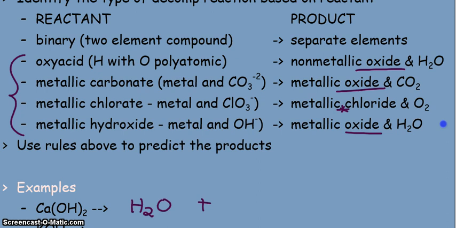Then I have to come up with the combination between calcium and oxygen. Well, since calcium is a 2+ and oxygen is a 2-, that means CaO would be my formula. So now that I have the correct formulas, I'm going to go check my balancing. I have 1 calcium on the left and 1 on the right.